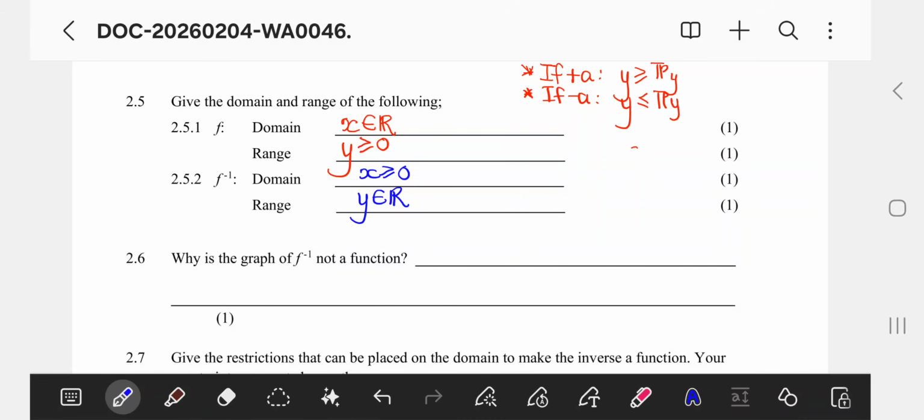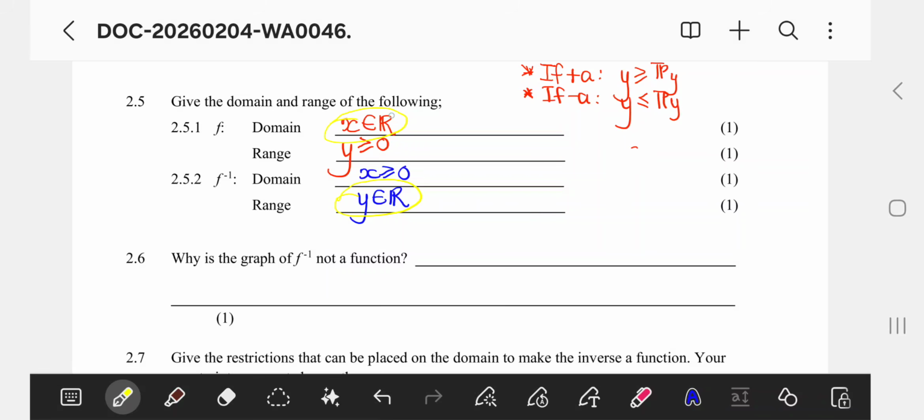And I'm not sure if you guys have already noticed this or if you have already learned this, but for a function and its inverse, the domain and range get swapped around. And what I mean is, notice how the domain of the original function becomes the range of the inverse, meaning that we use the exact same format and we just change x into y.